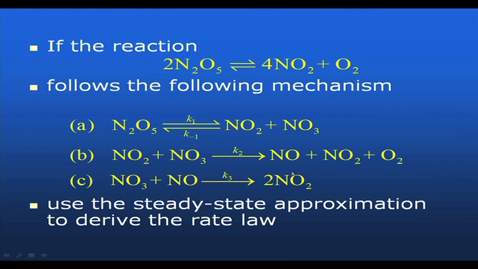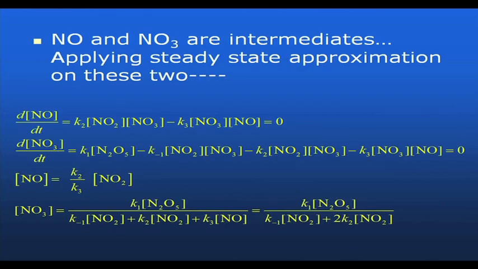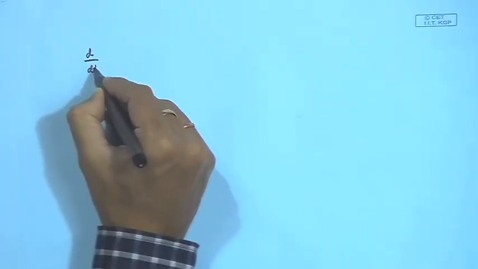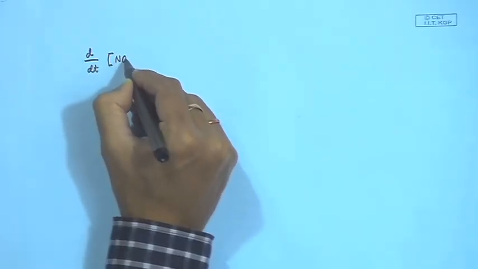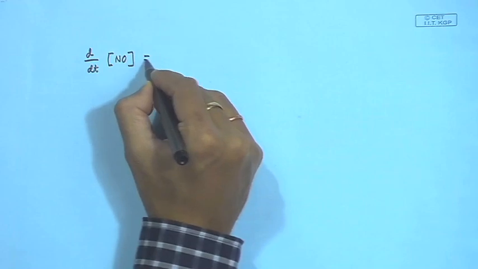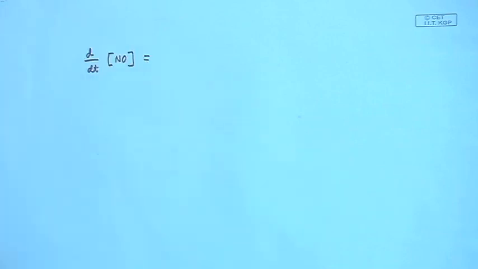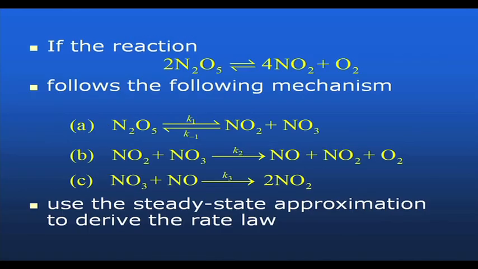So, when we apply steady state approximation to these two species, we get the following expressions: d/dt of NO, nitric oxide, is equal to, you just try to find out where NO is produced and where NO is used up.